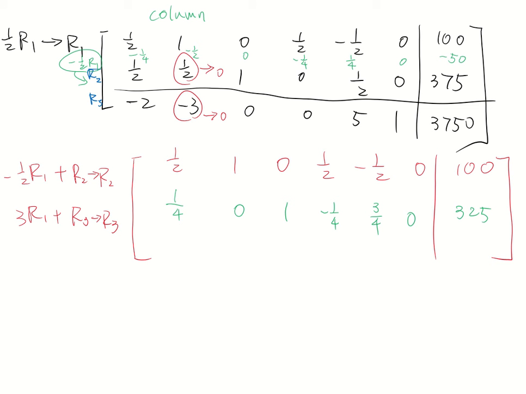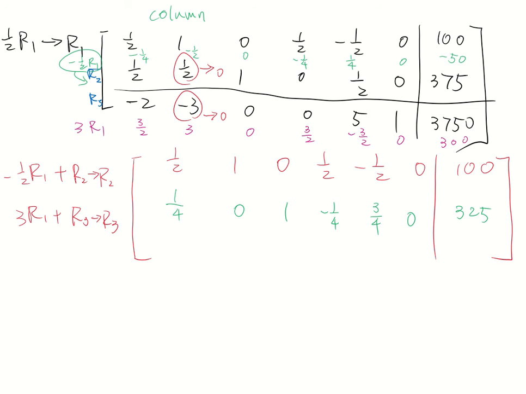And I'm going to write 3 times R1 over here. So that will have 3/2, 3, 0, 3/2, negative 3/2, 0, 300.